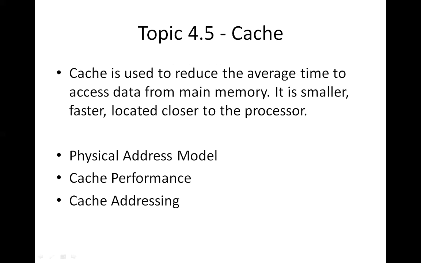The 4.5 topic is cache memory, that relates to the speed of the processor. We all are aware that a computer system has a processor which does all the processing. The processing by a processor requires certain data.